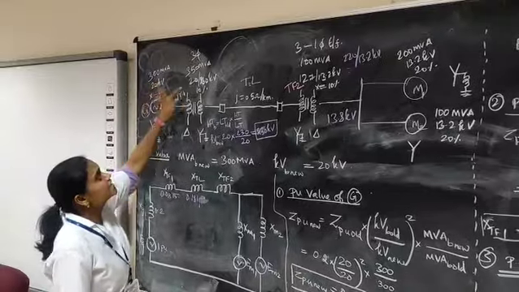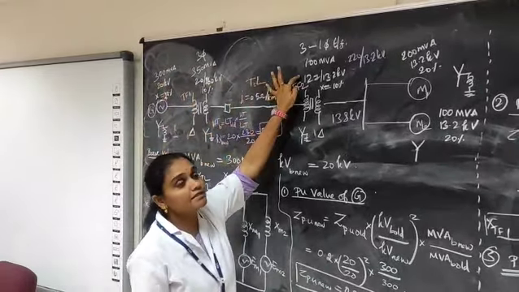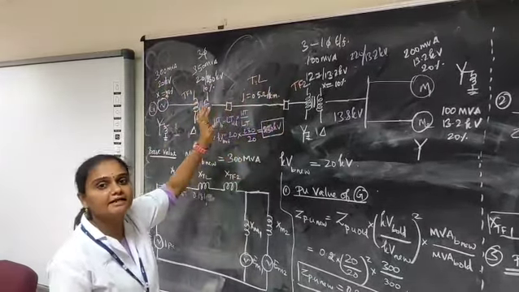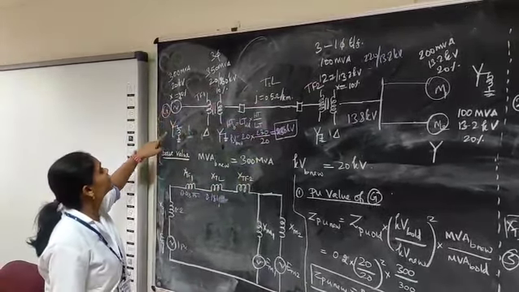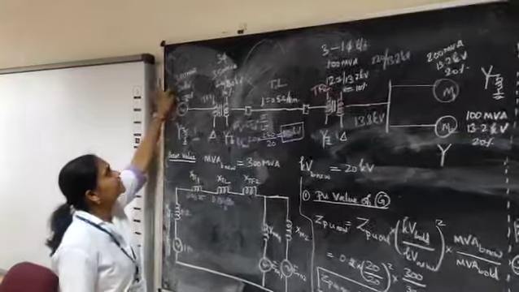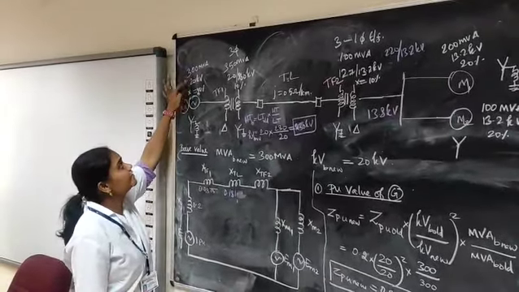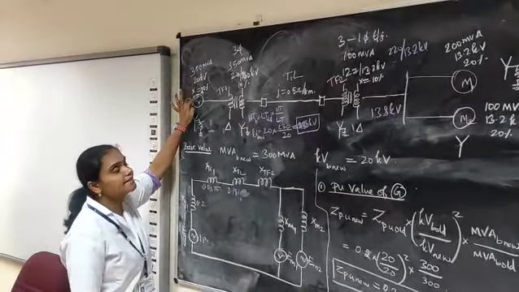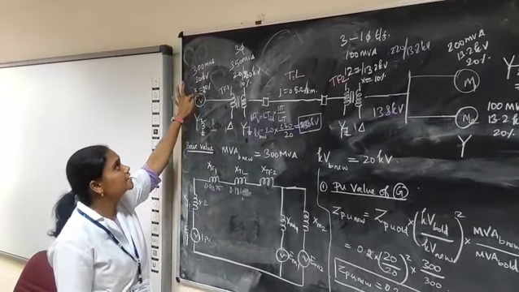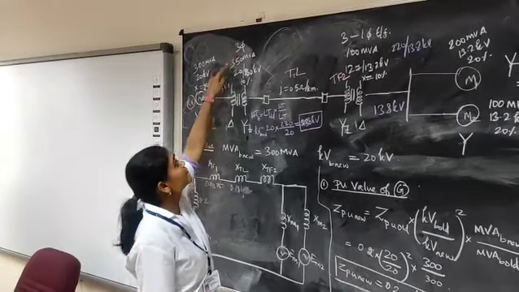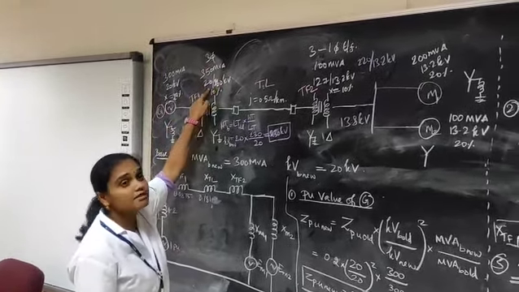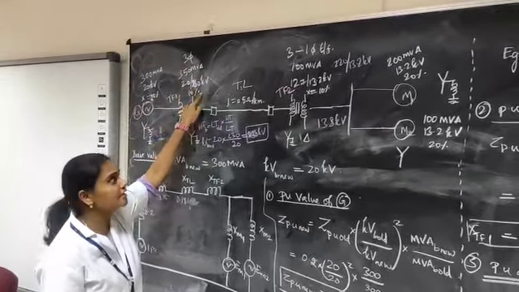The data written in the white color represents the given data, which is otherwise known as your old data. If you consider the generator, it is rated 300 MVA, 20 kV, and the reactance is 20%. Then transformer 1 is a 3-phase transformer, 350 MVA, 20/220 kV.